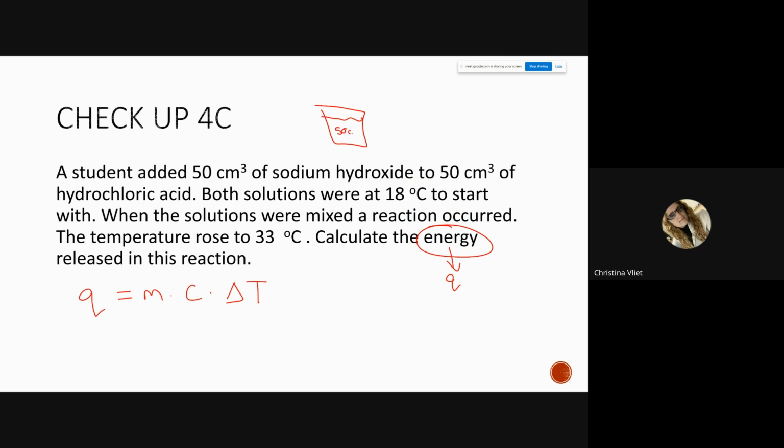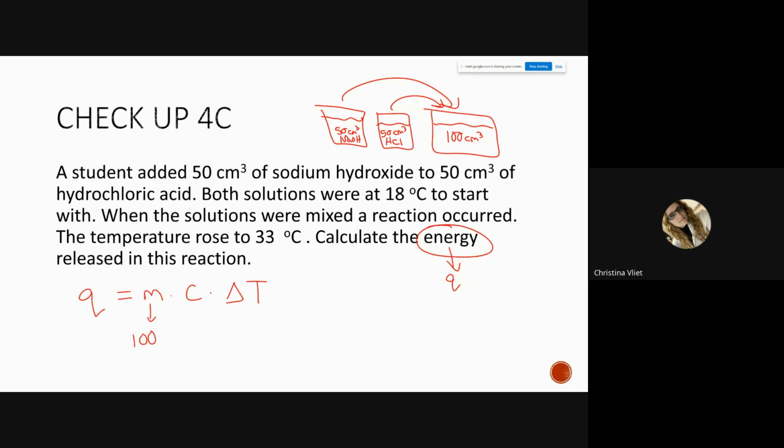You've got 50 centimeters cubed of NaOH and 50 centimeters cubed of HCl, and you're putting them together in a beaker. What's the volume? 100. So you mix them together. What's the mass? 100.